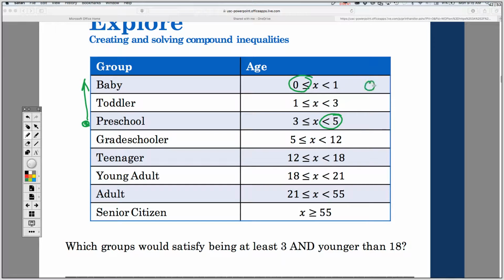So between 0 and 5, put your x. These ages are younger than preschooler. So it's just like your bookends. So from 0 to 5, not including 5.